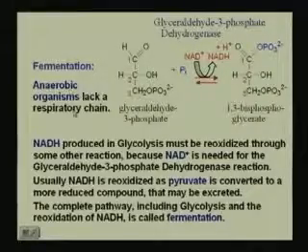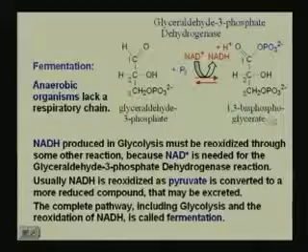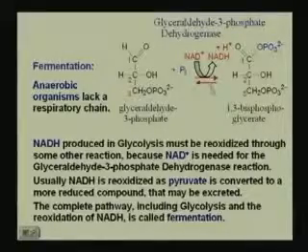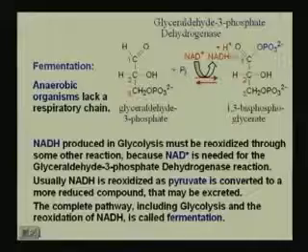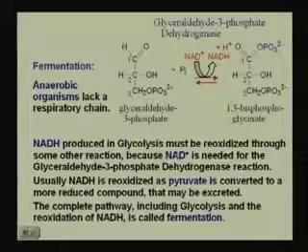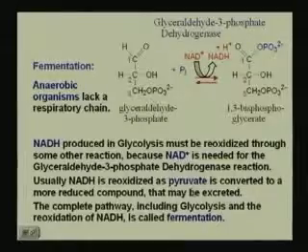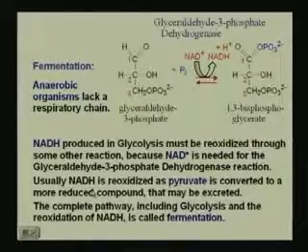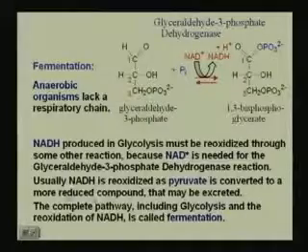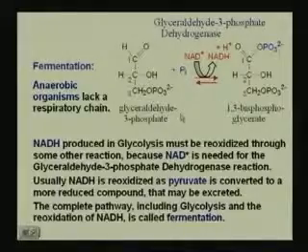They lack a respiratory chain in that sense, but in the formation of 1,3-bisphosphoglycerate from glyceraldehyde-3-phosphate, where we have the NAD plus and the Pi, this is one of the reactions in glycolysis, okay? Now, the NADH produced in glycolysis must be reoxidized through some other reaction because it is needed for this reaction, and the NADH is reoxidized as pyruvate is converted to a more reduced compound later on that may be excreted. This is one of the cases, and the complete pathway including glycolysis and the reoxidation is actually called fermentation.